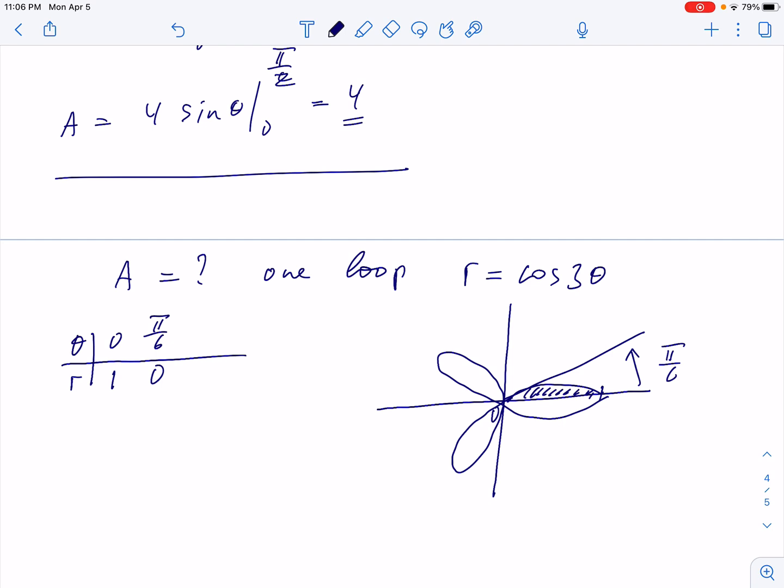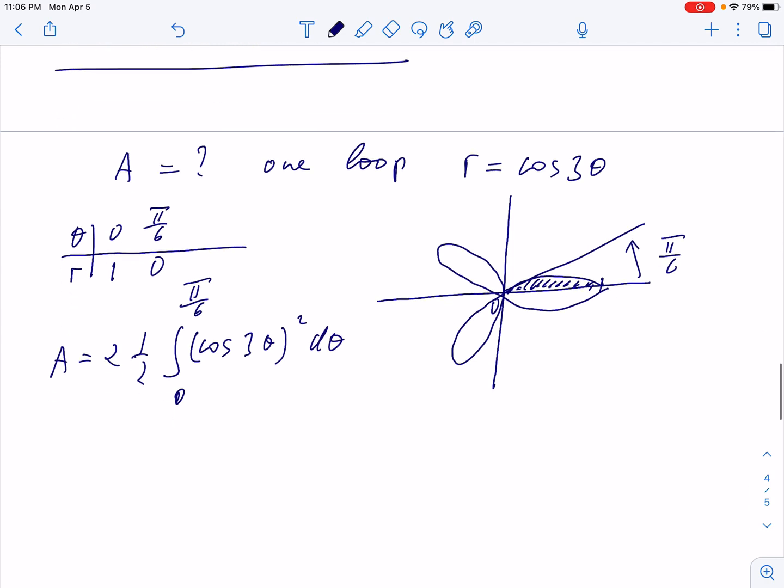So one loop area will be 2 times the area of the marked region here. So this will be 1/2 integral from 0 to pi over 6 of cosine 3 theta squared d theta. So this will be the integral from 0 to pi over 6 of cosine squared 3 theta.